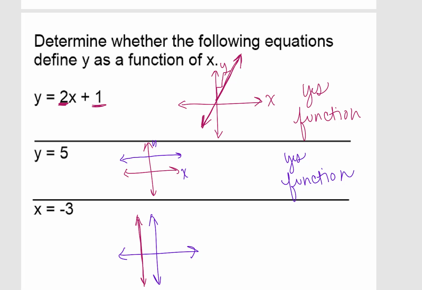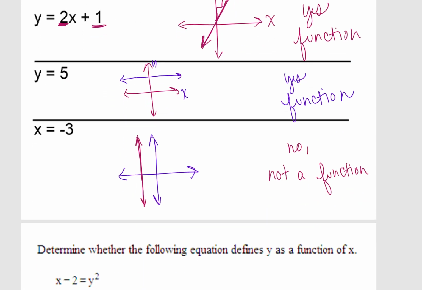So this would not be a function. The moment that it is on more than one ordered pair, as that vertical line travels from left to right, then it's not a function. And so that one is definitely not a function because it's actually on the entire graph.